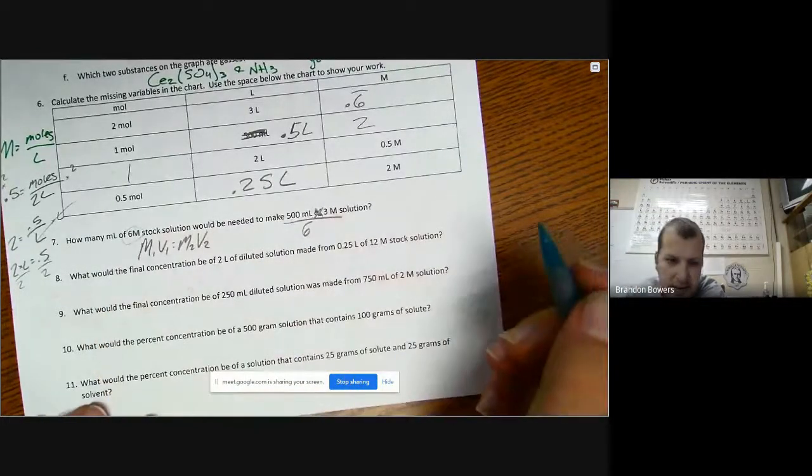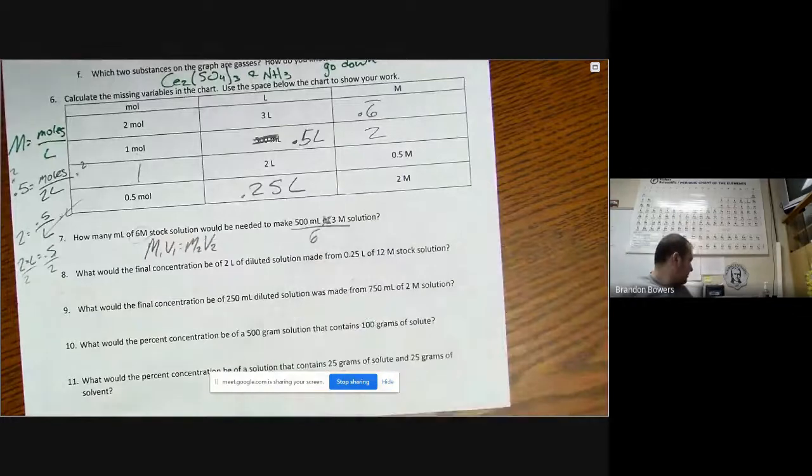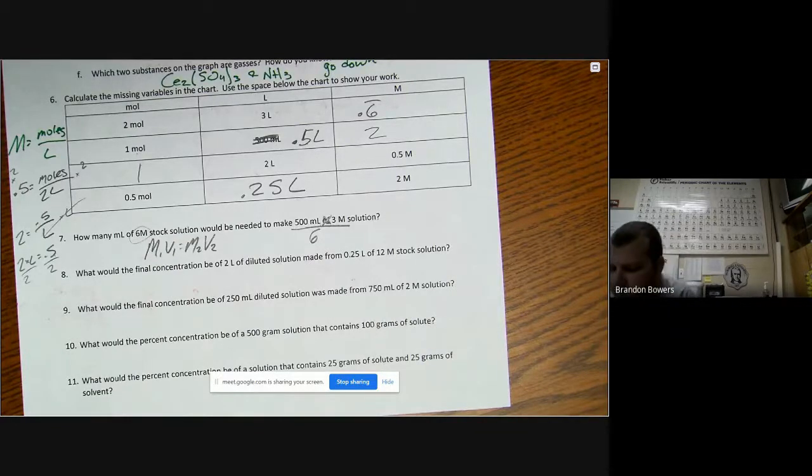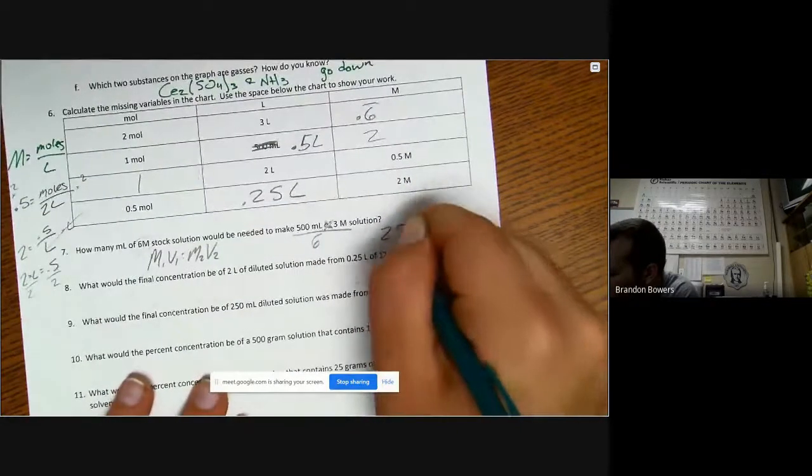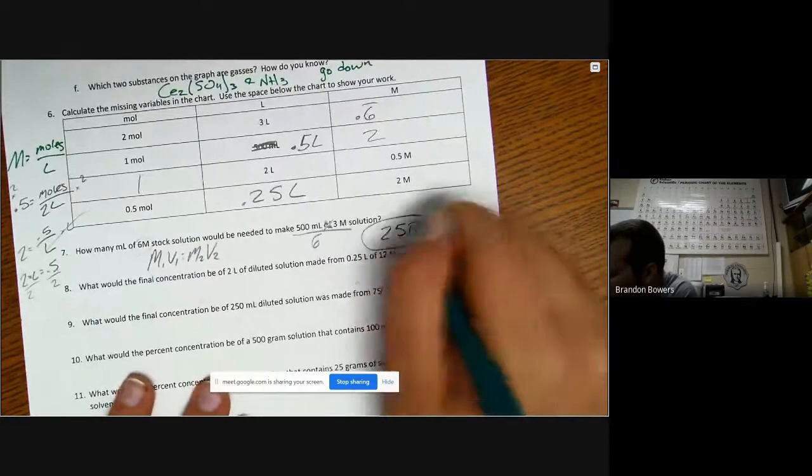Okay? So in this first problem, it might help if I had a calculator. Okay, in this first problem, I have 500 times 3 divided by 6. I got 250. Okay.